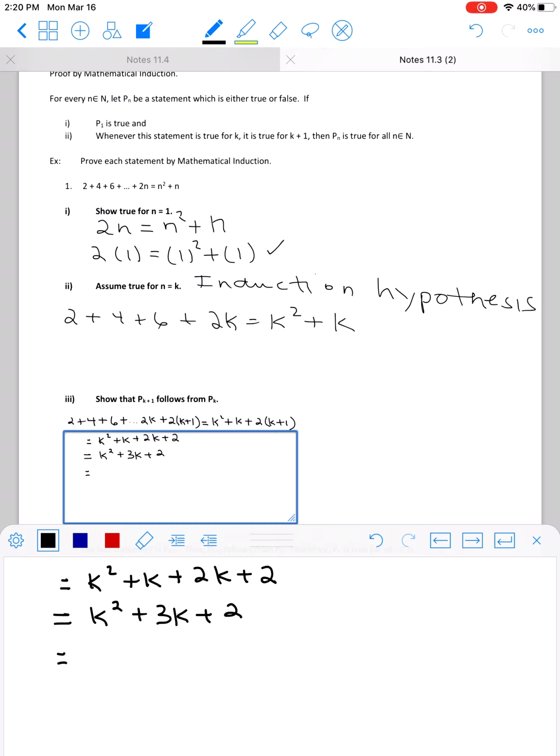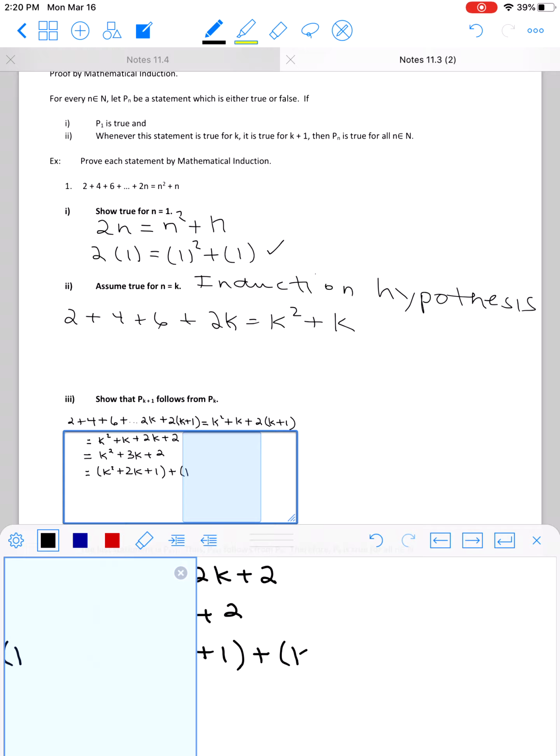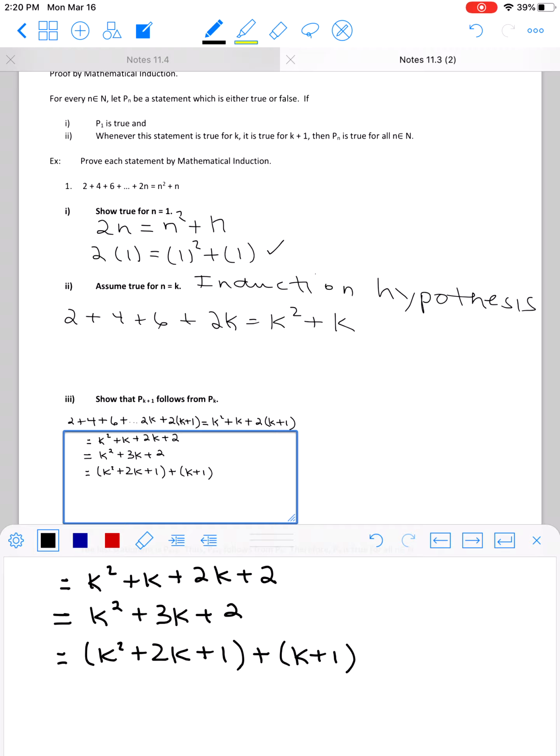So if I rewrite k squared plus 2k, and I borrow one of those, then I'm left with a k plus 1, and then I could rewrite this as k plus 1 squared plus k plus 1.